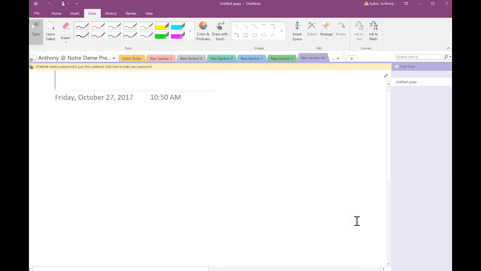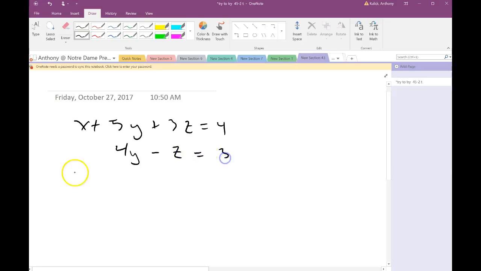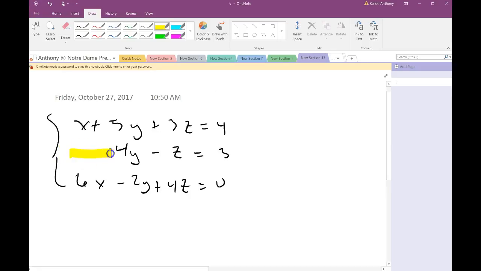So 2 asks us to do this via substitution. I think it's pretty obvious that this would be the equation that I want to do my substitution on, since I can rewrite this into negative z equals 3 minus 4y, or more appropriately, z equals 4y minus 3.